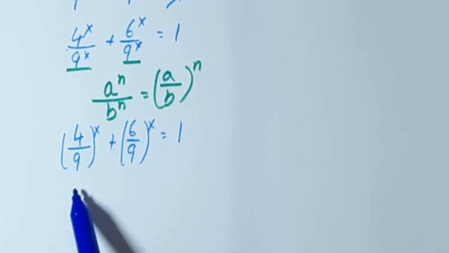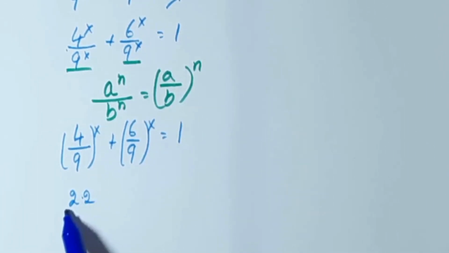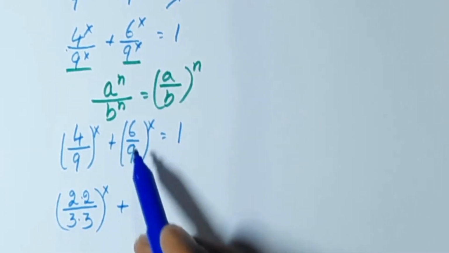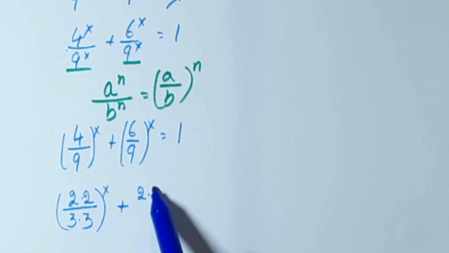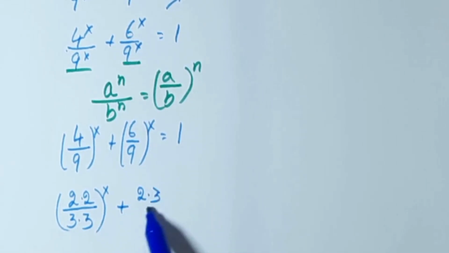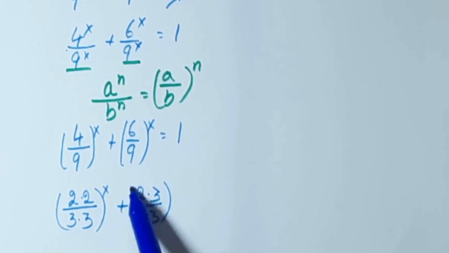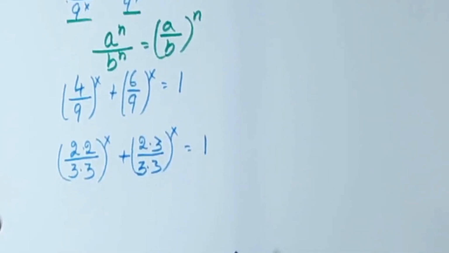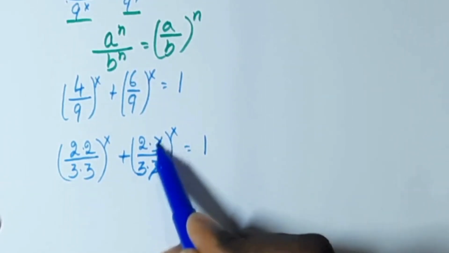Now this 4 can be written as 2 into 2, this 9 can be written as 3 into 3, whole power x, plus this 6 can be written as 2 into 3 by 3 into 3 whole power x equal to 1. This 3 gets cancelled.